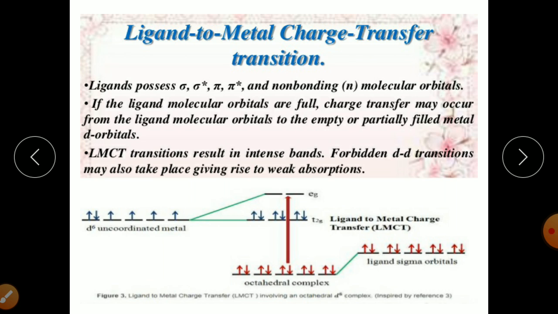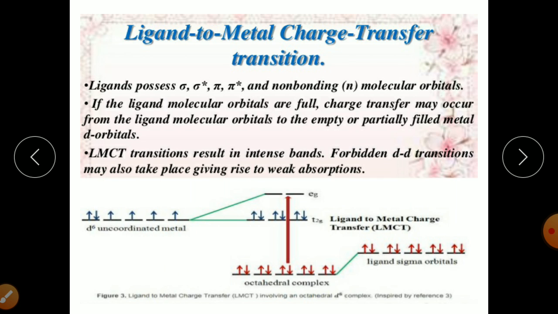Ligand to metal charge transfer means the electron moves from the ligand orbital to the metal orbital. Then what are the important points involved in LMCT? You can observe in the figure, these are the ligand orbitals and those are the metal orbitals.